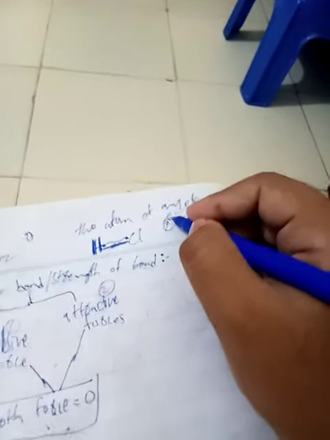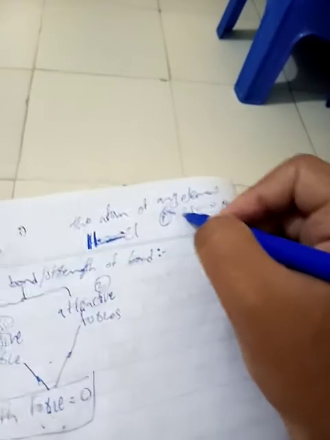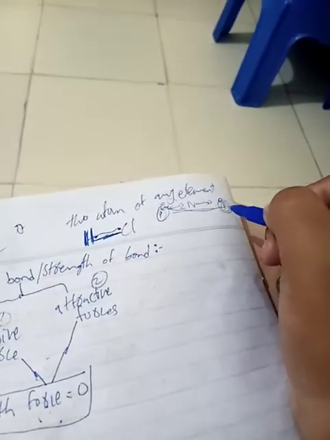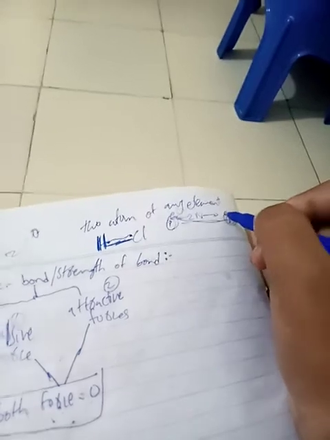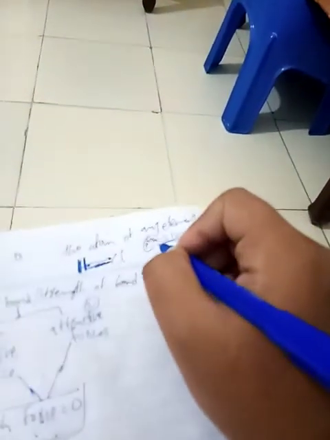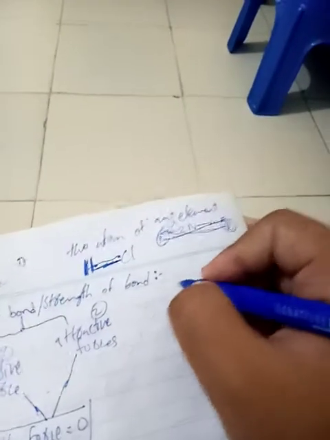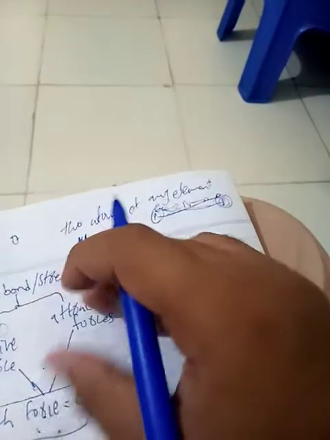And why I say attractive force: the electron present here will be attracting the proton side, the positive side of an atom, and this electron will be attracting the negative side of an atom. So I hope you have understood the concept of bond.